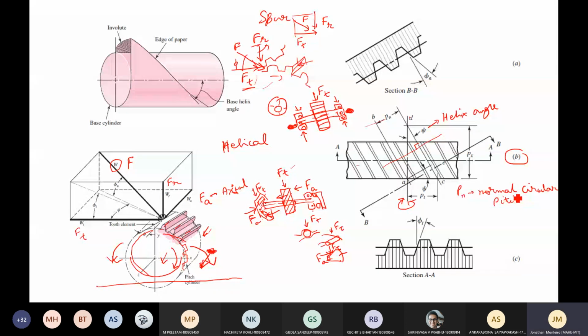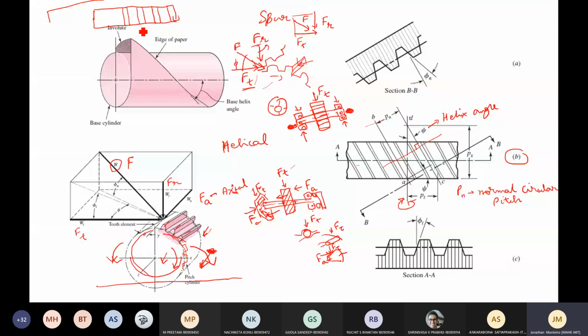Now remember, in spur gears, suppose you unwrapped a spur gear, how would it look? I'll just draw it here for comparison. A spur gear would look like this. And you had only one item called circular pitch, which we called Pc or simply P, because only one was there.